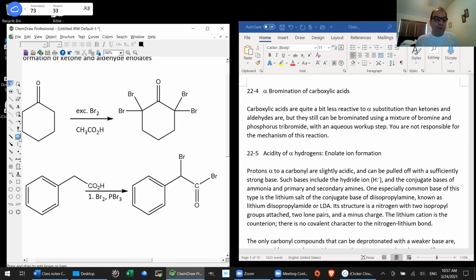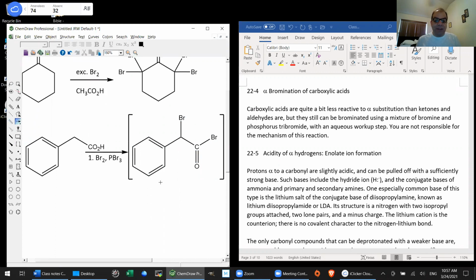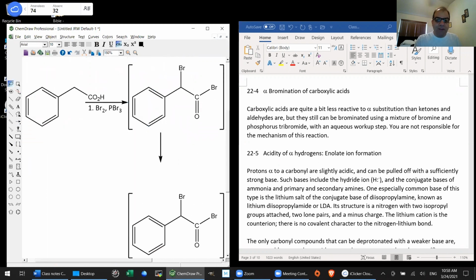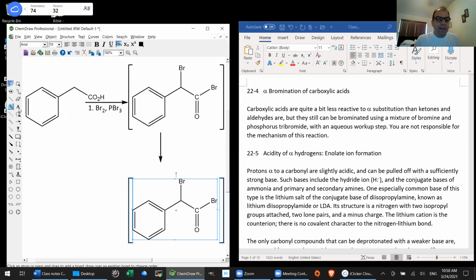So you will wind up with this for a short time, at least until you do your aqueous workup. And this is why you need that aqueous workup, because acid bromides are really, really reactive, and they're not in general going to be something that you can isolate too easily. So you will want to hydrolyze the acid bromide and convert it to carboxylic acid.